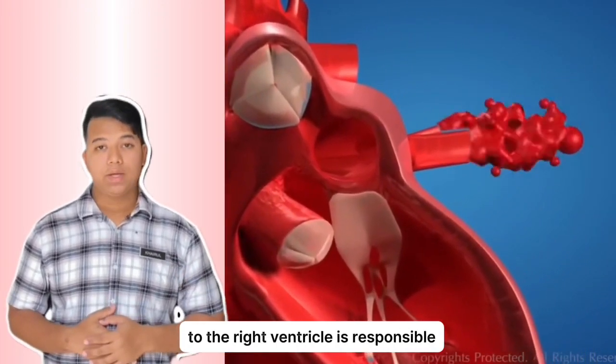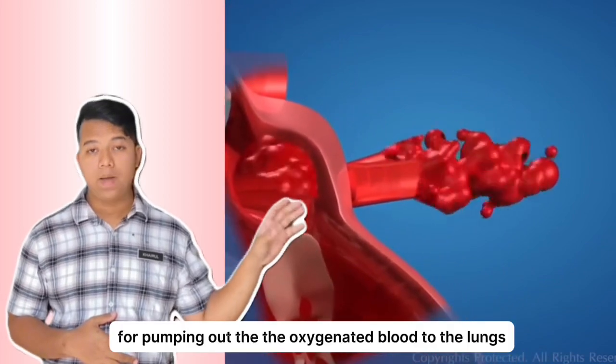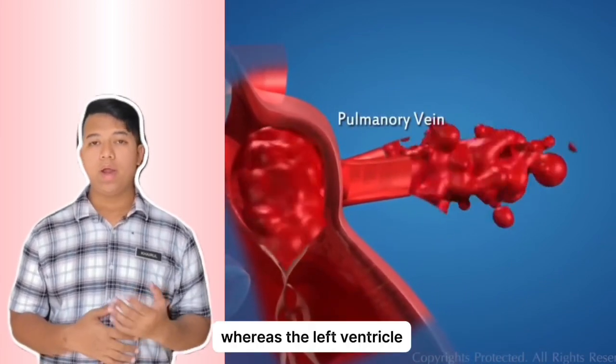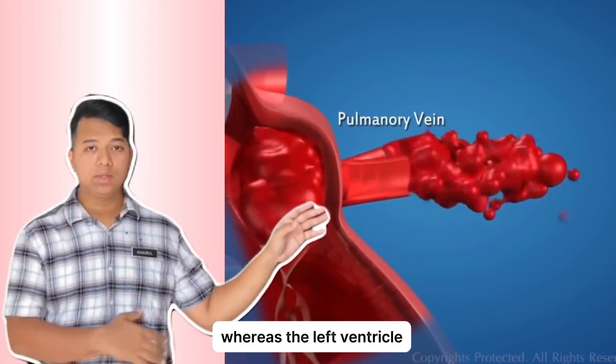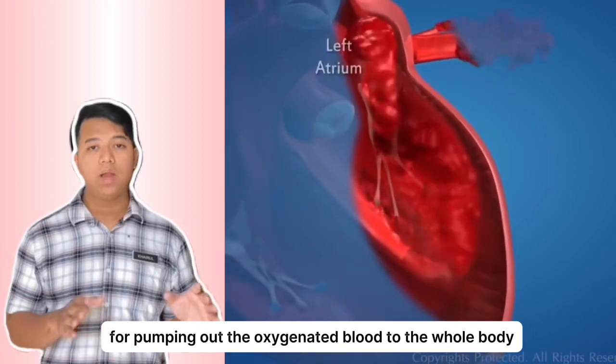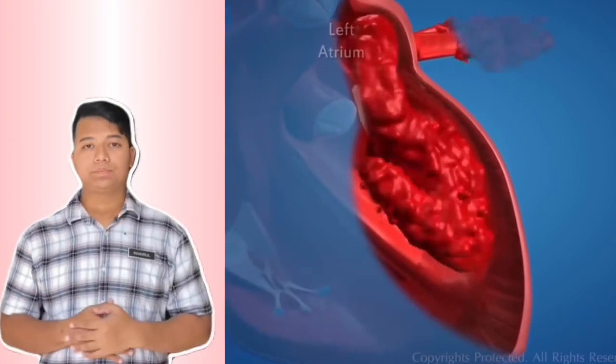The right ventricle is responsible for pumping out the deoxygenated blood to the lungs, whereas the left ventricle is responsible for pumping out the oxygenated blood to the whole body.